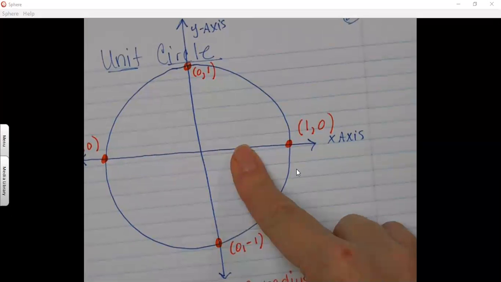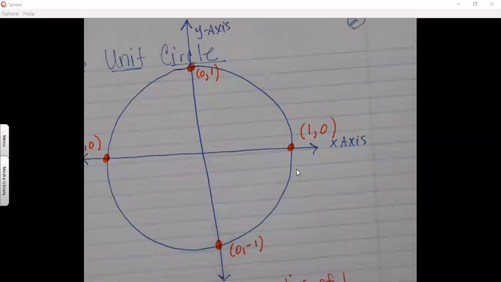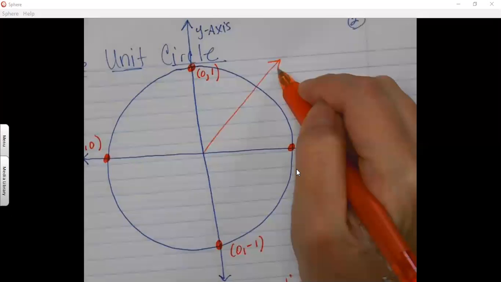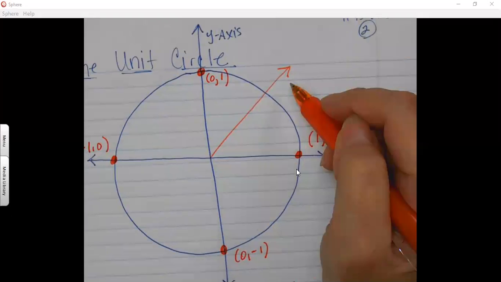So I'm going to draw a ray from the origin to the unit circle somewhere in quadrant 1. That ray that I just drew, one endpoint is at the origin, the other endpoint intersects the unit circle, and that is called the terminal side.